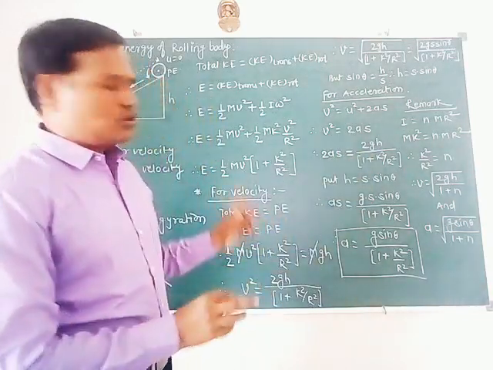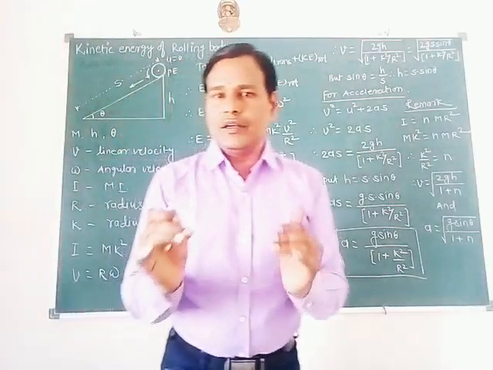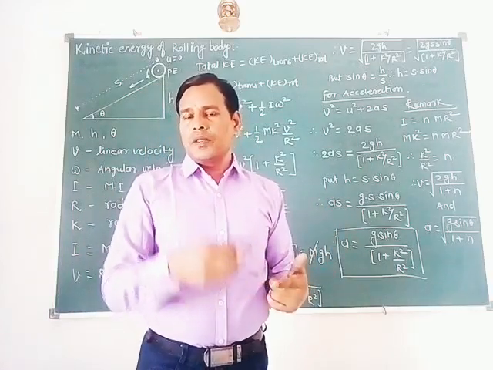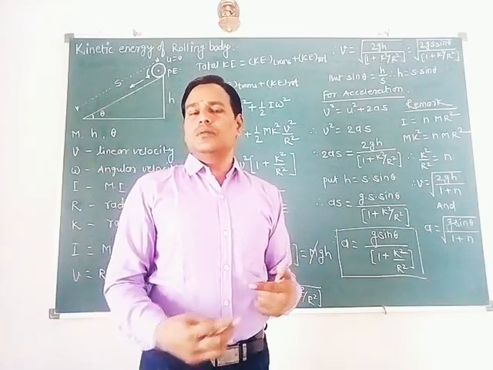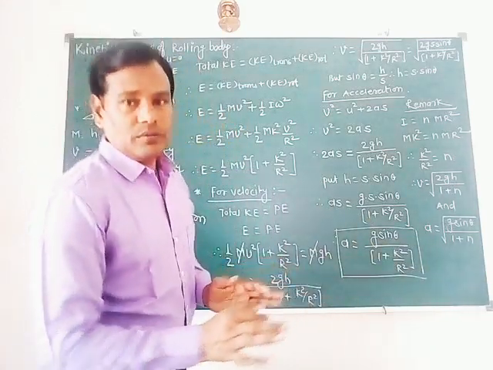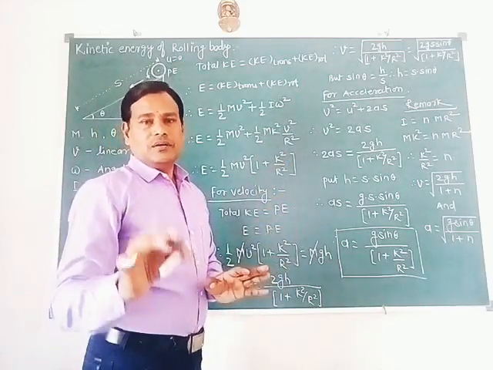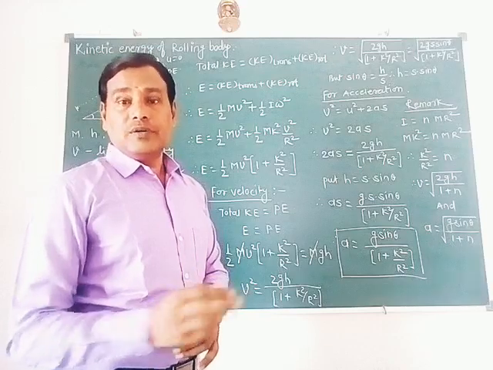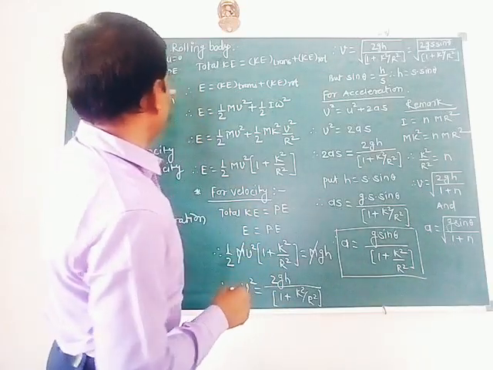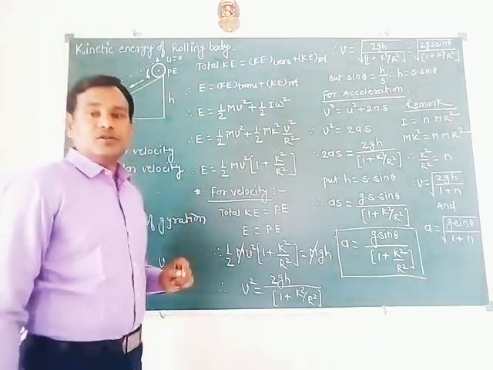Again we can find the ratios of different kinetic energies: translational to total kinetic energy, rotational to total, purely rotational to translational, translational to rolling, and so on. Those ratios are given in your book. You can study, you can solve the examples, and you can find the ratios for different objects. So this is the kinetic energy of a rolling body. First kinetic energy of a rotating body, and then kinetic energy of a rolling body.